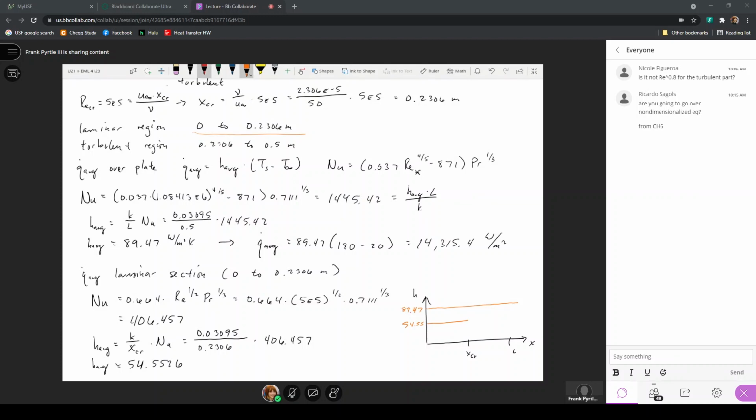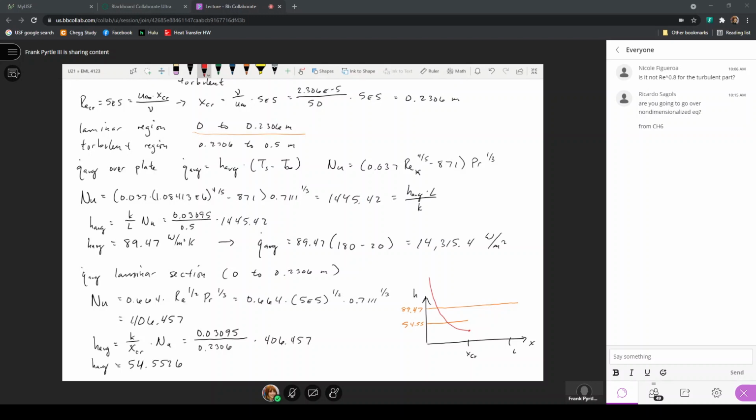So if I wanted to draw H as a function of X, I just want to use a different color here. In the laminar region, the average heat transfer coefficient will be twice that which exists at the end of the laminar region. So here, this would be about 27.27 watts per meter squared Kelvin, and there'll be a variation that looks like this.